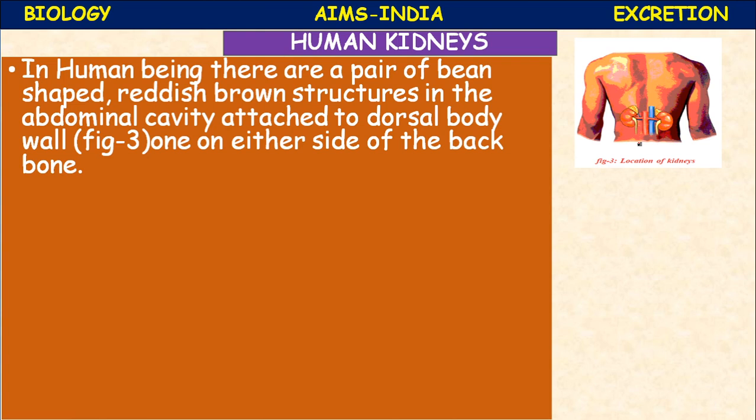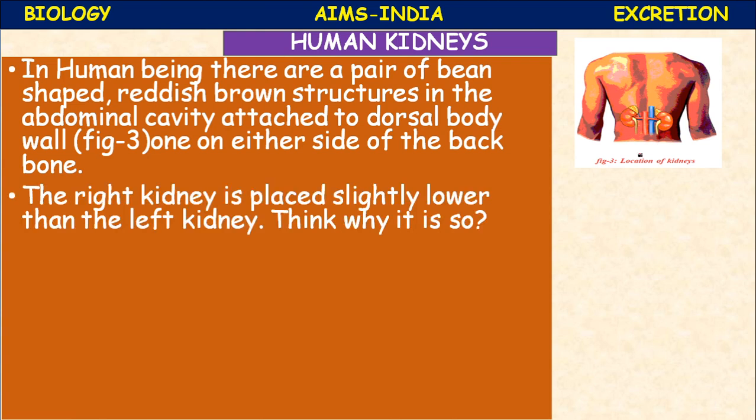The right kidney is placed slightly lower than the left kidney. The right kidney is slightly lower than the left kidney. You see here. Think why it is so? Because in order to maintain the homeostasis.